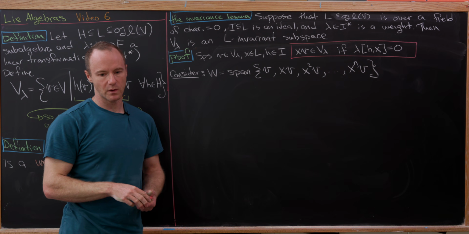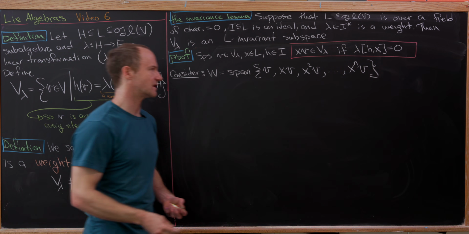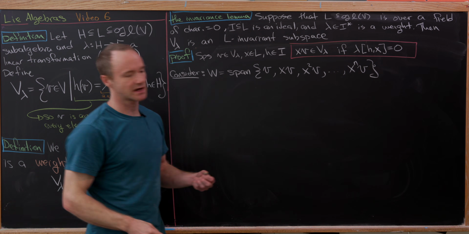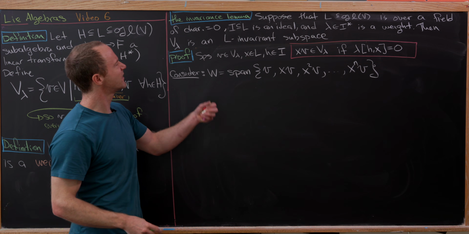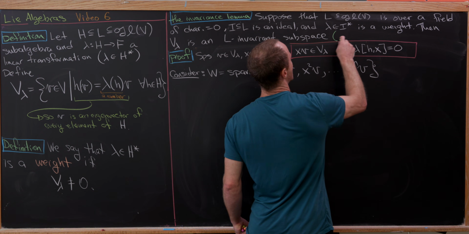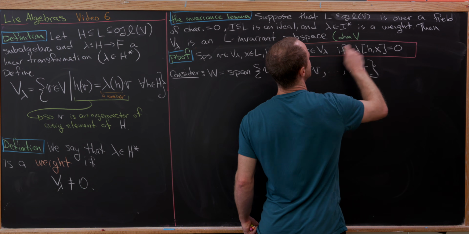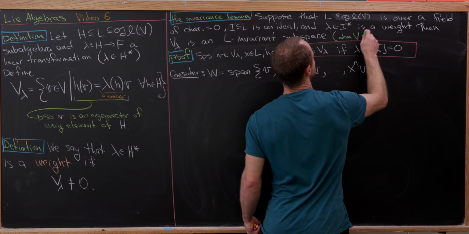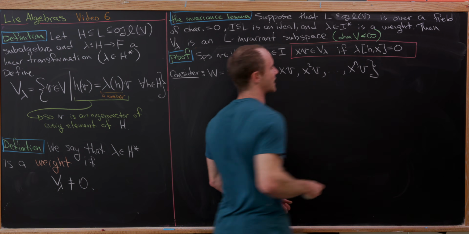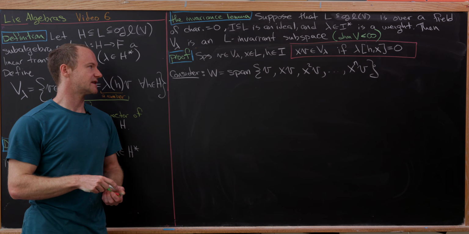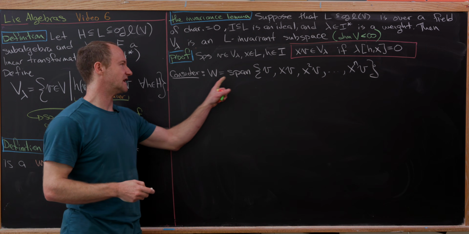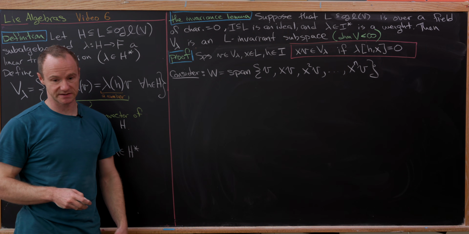And you might say, well, how do we know we can stop somewhere? Well, we can stop because we're in a finite dimensional vector space. So I think I forgot to write that here, but let's write here that the dimension of V is less than infinity. So we're in a finite dimensional vector space. So that means we can't have an infinite dimensional subspace.